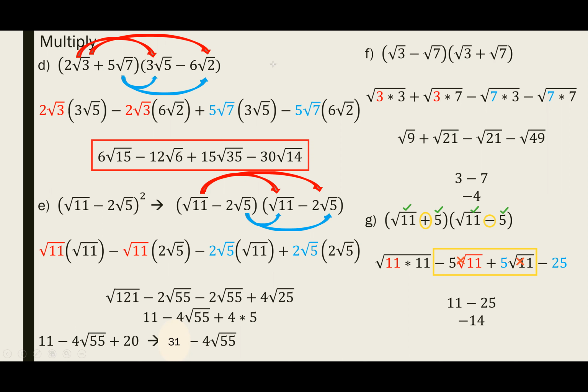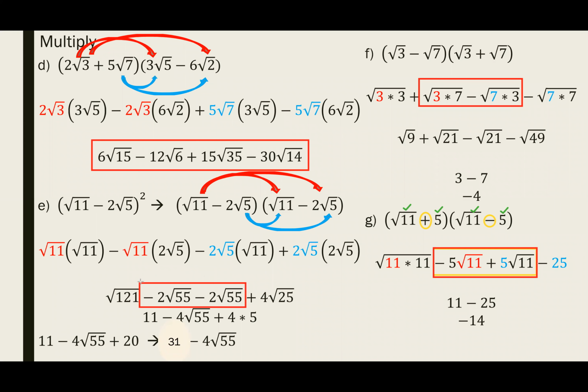And distinguish the difference between, you say, wait a minute, Tran, what's the difference between this versus this? Well, in F and G, one of them is positive, the other one is negative.